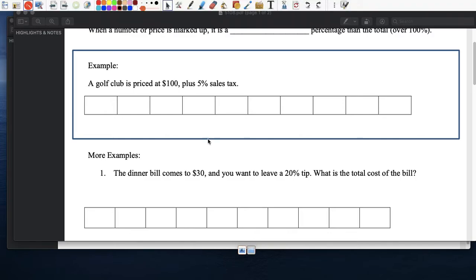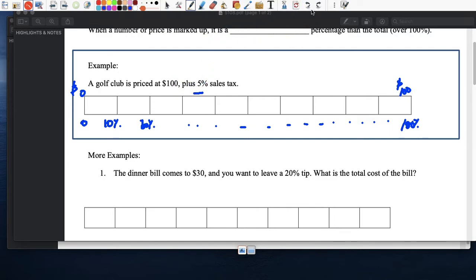Let's say I go to the store and I buy a golf club and it's $100. So 10%, 20%, and so on. This is 100%. At 100%, this is $0, and this is $100. If I buy and have no discount, they say, okay, you owe me $100. I have to pay $100. But I also have to pay a little bit of tax.